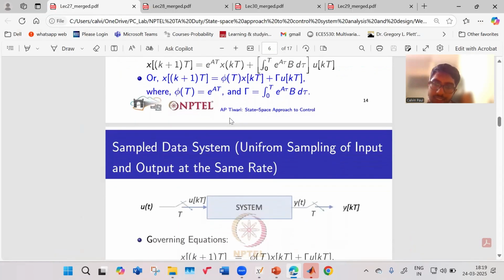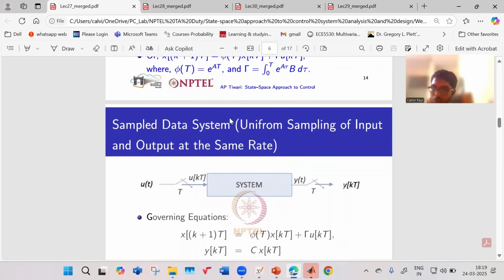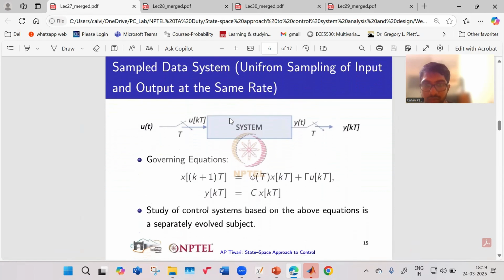So once we get this information, we are assuming that the samples are taken of the input as well as of the output at the same rate. Both the samples are equal. And the output y of kT is equal to C into x of kT.